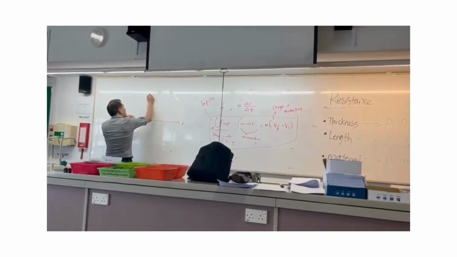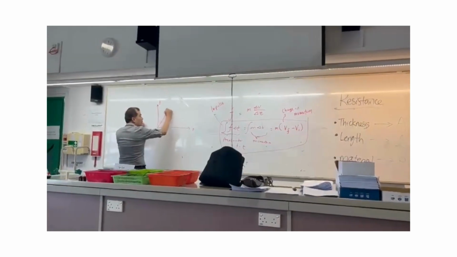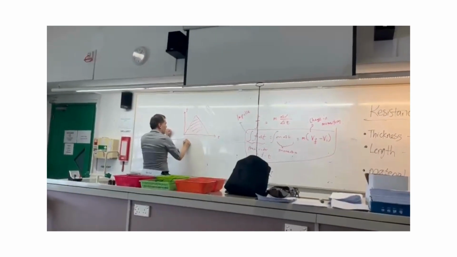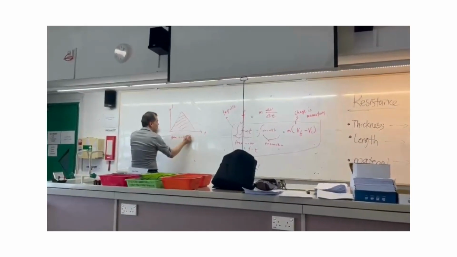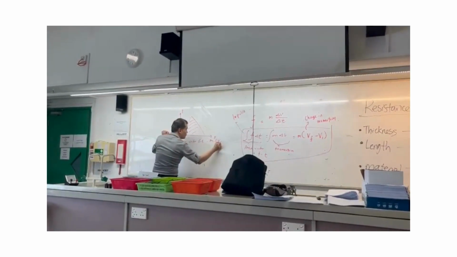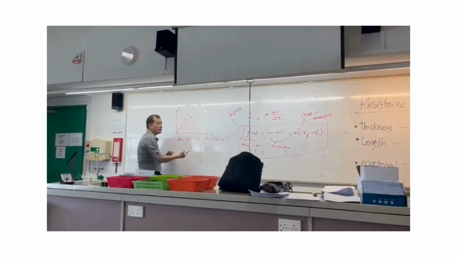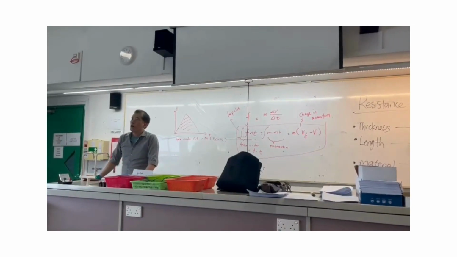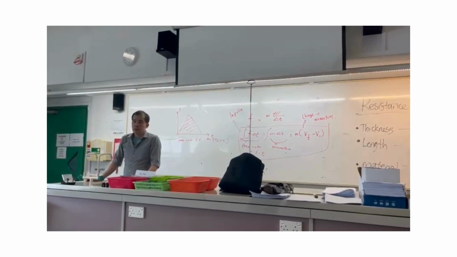What I mean is that if I have, let's say, a graph like that, the area under the F-t graph is equal to the change in momentum, p final minus p initial, depending on where your area is. Is that clear?